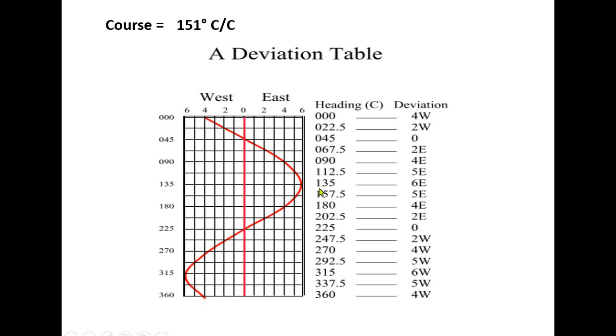The nearest is 157.5, near to 151. So the deviation is 5 east. A while ago, we established our variation, which is 1 west. Now we have established our deviation, which is 5 east.